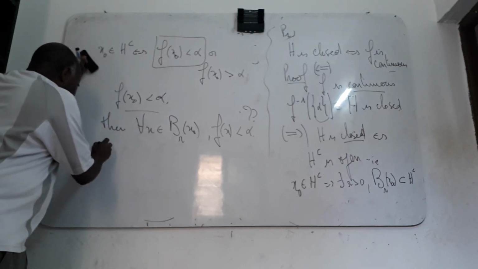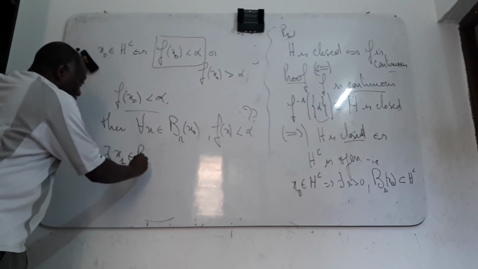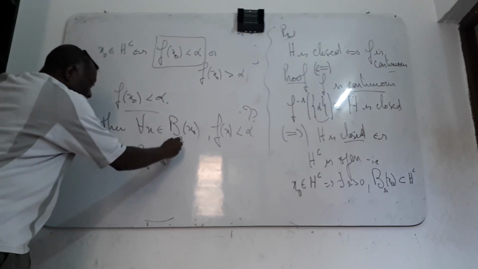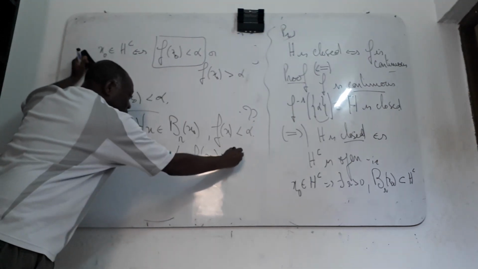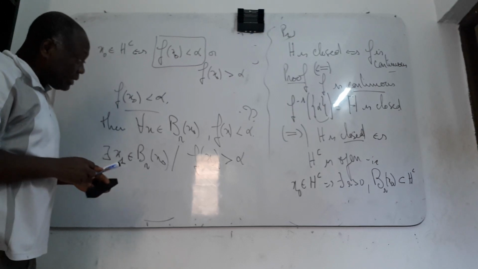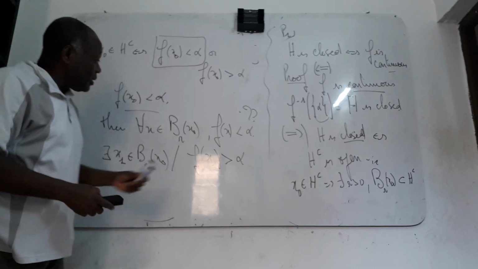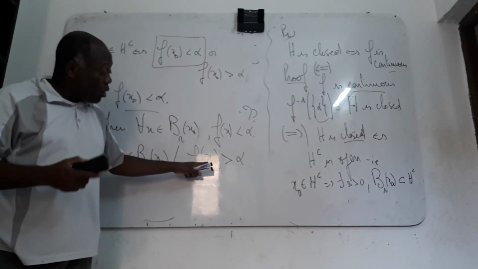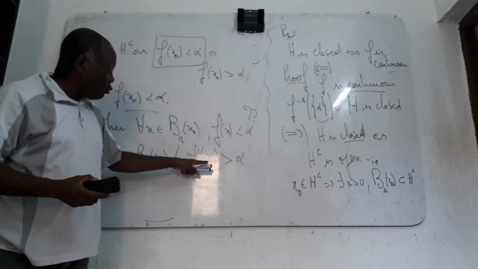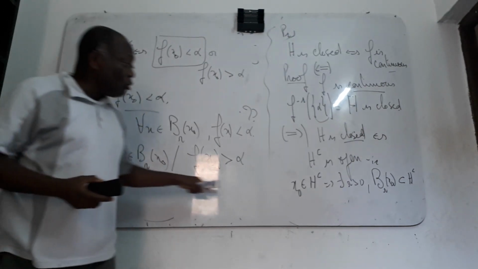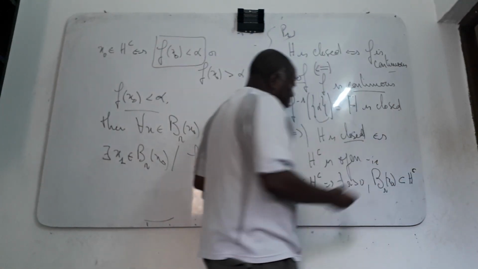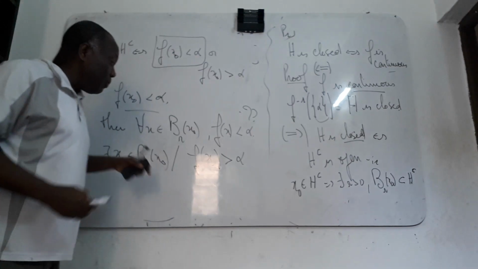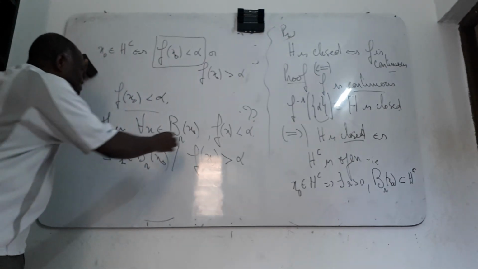That means that there exists x1 in the ball such that f of x1 is not less than alpha. Then it is bigger than or equal to alpha, because this x1 in the ball is contained in the complement of H.